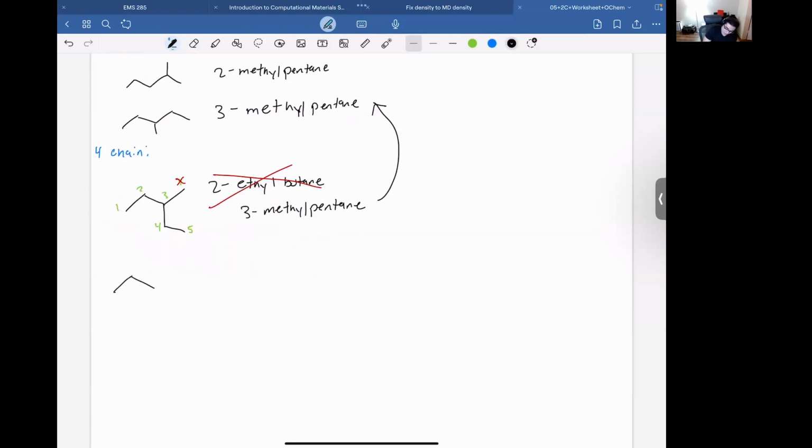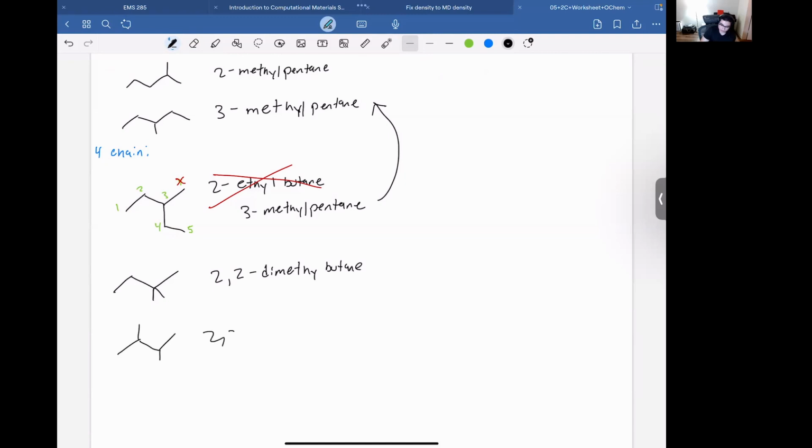Sticking with the 4 parent chain, you can have 2 methyl groups. 2 methyls or 1 ethyl. This is clearly a different molecule. If I were to name this one with the 2 methyls there, this would be 2,2-dimethylbutane. And then I can also have the methyl groups on 2 different carbons.